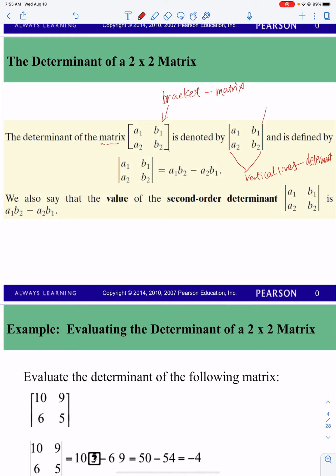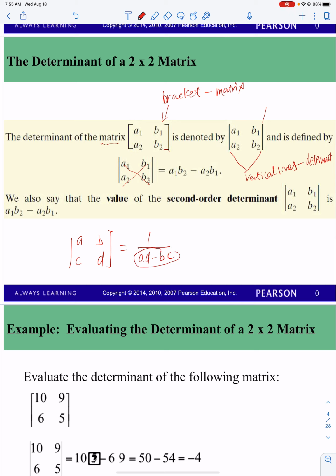So what will be the determinant definition? This is a1 b2, this diagonal, minus this diagonal, a1 b2 minus a2 b1. Do you remember in the multiplicative inverse, a b c d? The multiplicative inverse is 1 over AD minus BC.